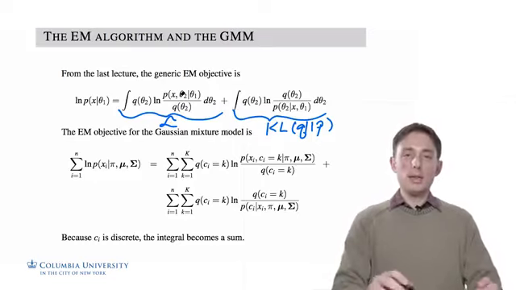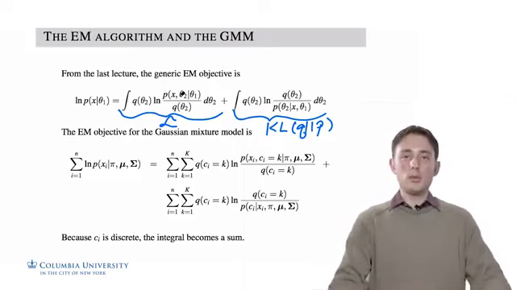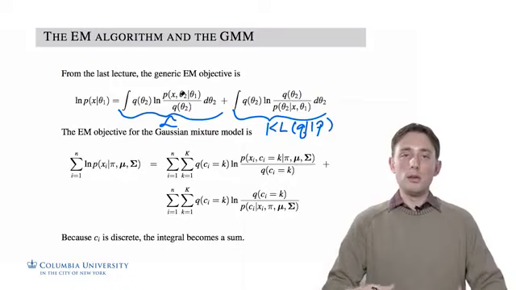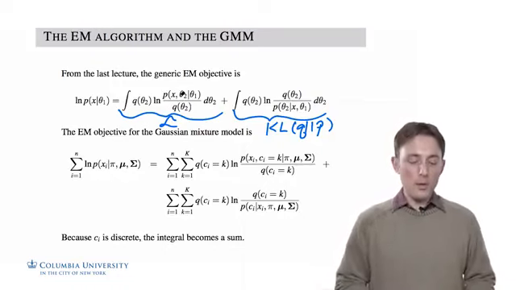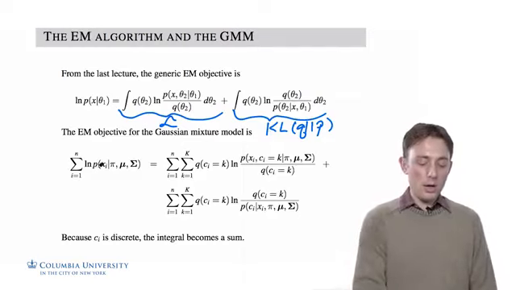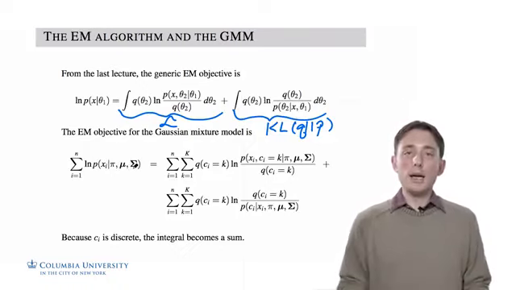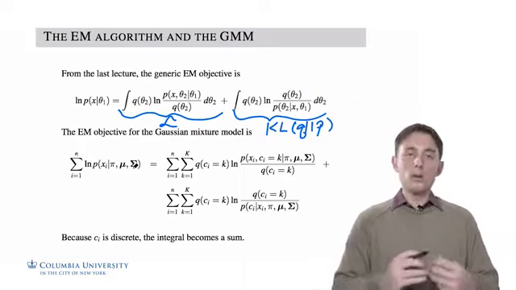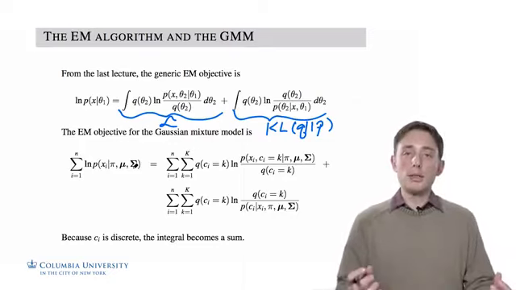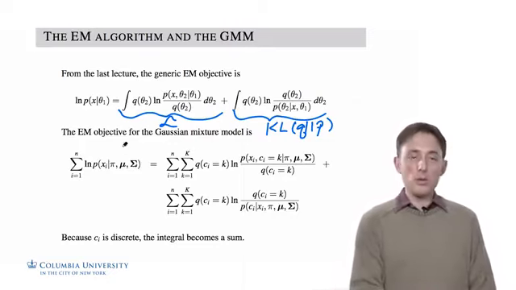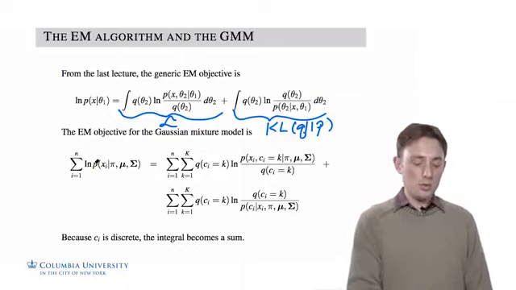Now if we take this equality and we just write it using the Gaussian mixture model parameters and setup, we get something like this. So the log of the likelihood of all of the data given pi, mu, and sigma, because the data are assumed to be IID, that turns into the log of the product, which turns into the sum of the log of each individual likelihood.